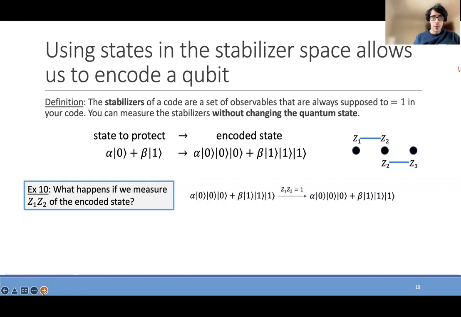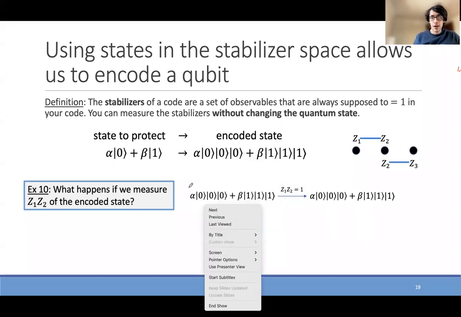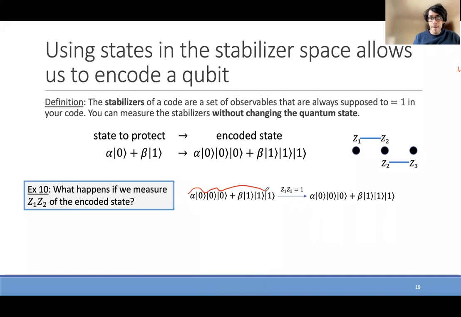So here's kind of how to think about this. We start off in a state, and this whole state has Z1, Z2 equal to 1. So if I measure Z1, Z2, I'm going to project into the state with Z1, Z2 equal to 1, where I'm already at. So I'm definitely going to measure Z1, Z2 equal to 1, and nothing's going to happen to my state.